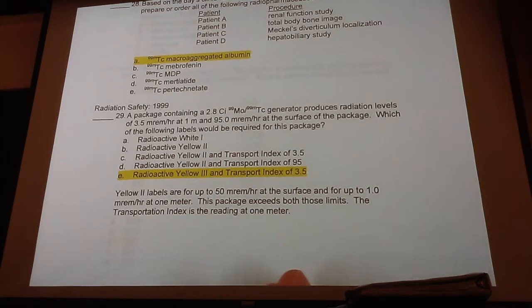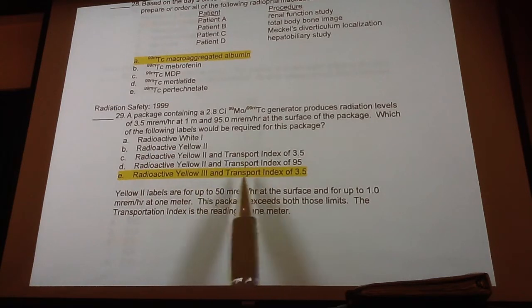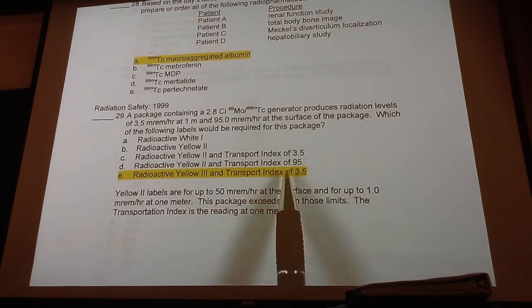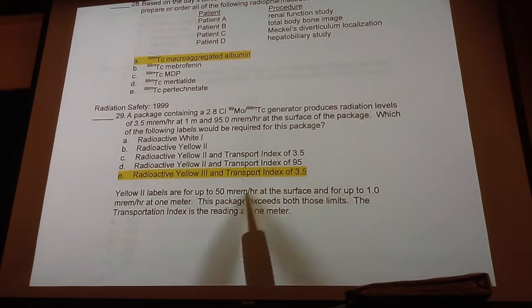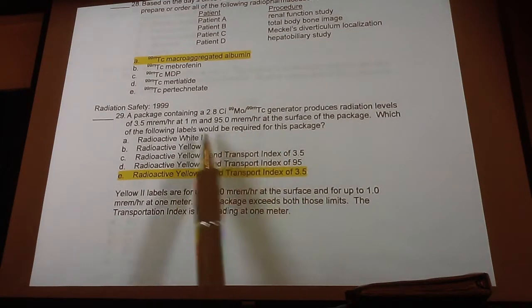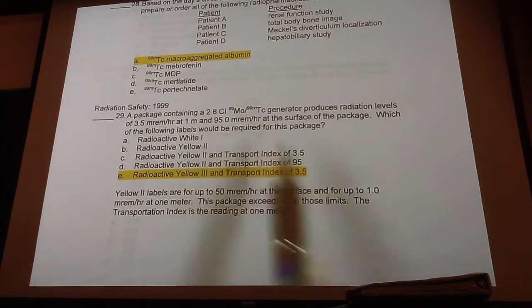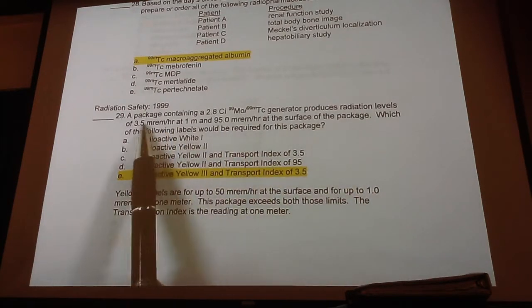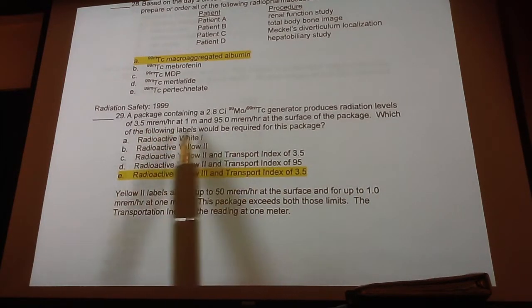Is it 50 at the surface? Yeah, it's more than 50, isn't it? And the thing that's important here is this, because we got yellow 3. We could have yellow 3, but the transportation index is the key thing on that. Remember, the transportation index is the reading at 1 meter.